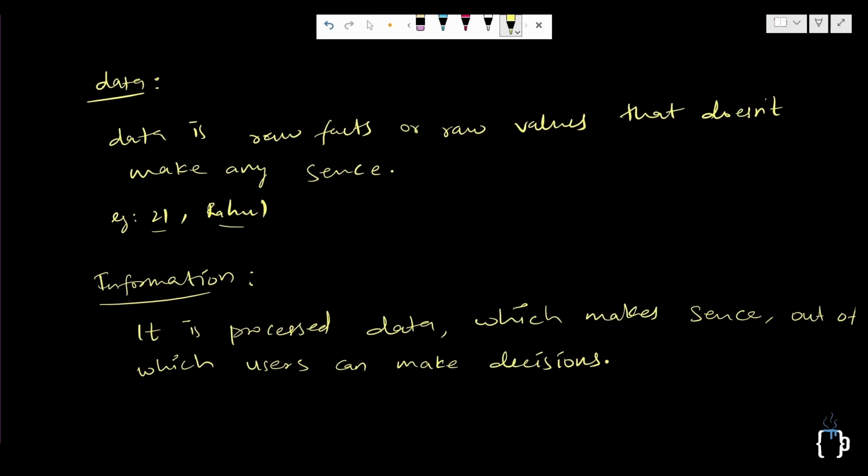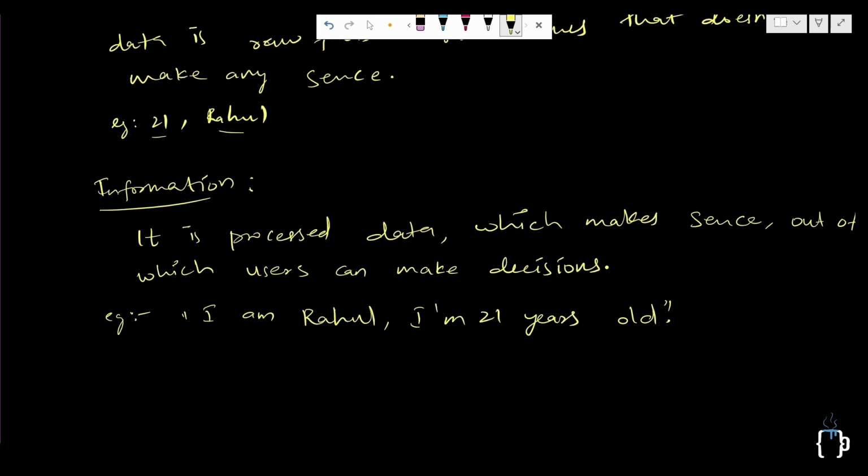You will understand this statement with an example. I processed the data. I added some extra spices to it. Like, I added a string "I am" to the value, which is Rahul, and I also added "I am", which is a string again, and I added the value, which is data. I concatenated strings to the data and made it an information, which sounds a little informative.